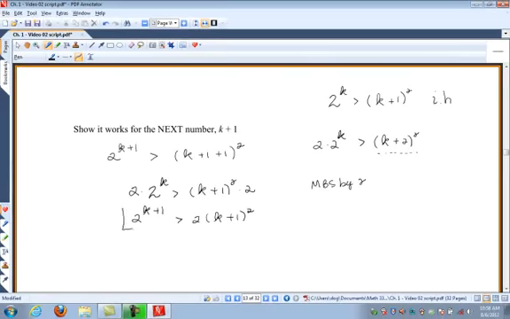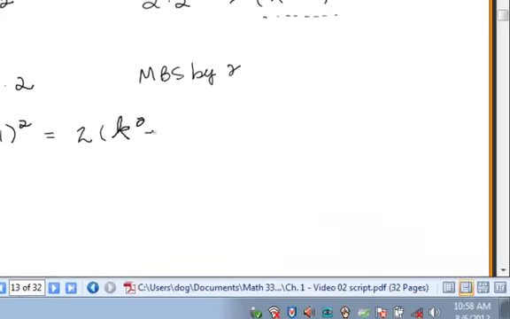Let's work with the right-hand side. This equals 2 times k squared plus 2k plus 1. That's equal. And if I distribute the 2, that's 2k squared plus 4k plus 2.